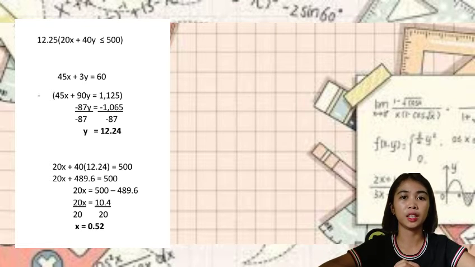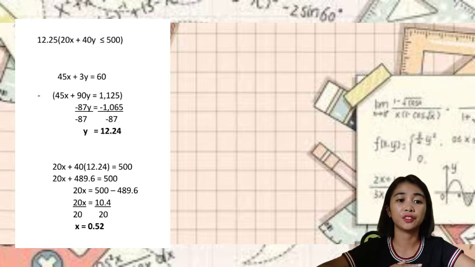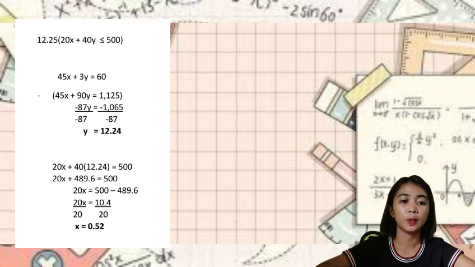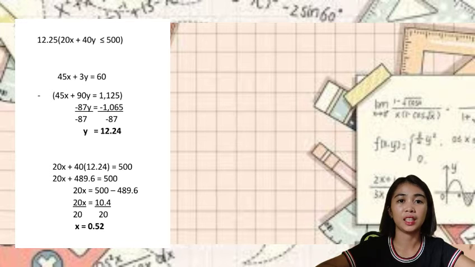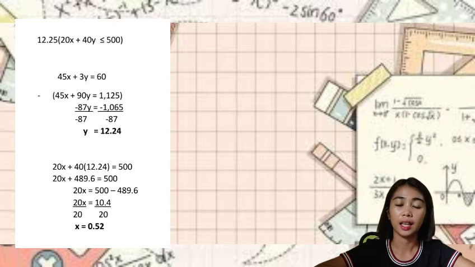So now let's proceed in finding our x. In order to find our x, we need to substitute our new value of y into the constraint 20x plus 40y equals 500. So it will become 20x plus 489.6 is equal to 500. So we will apply the addition property of equality. We will subtract both sides by 489.6.